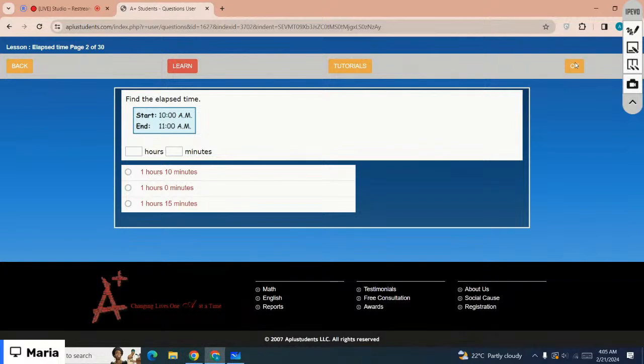Yes, that is 1 hour. The elapsed time is 1 hour. Option number 2 is the correct option, that is 1 hour and 0 minutes.